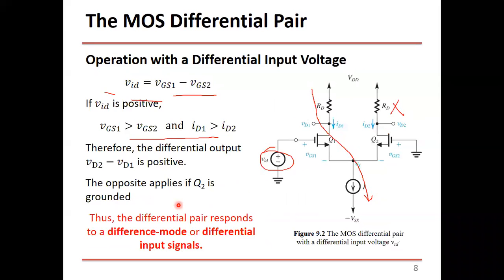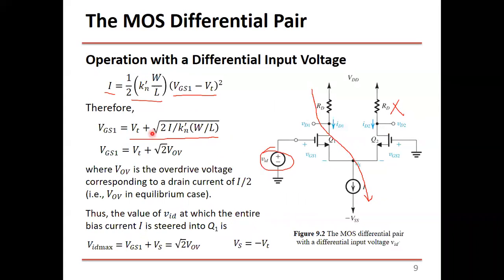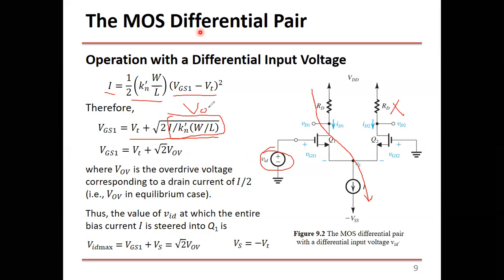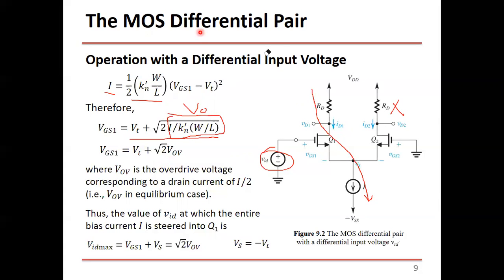So if you go back here, we can see that this is nothing but square root of 2 times V over drive, because V over drive is this part here without the square root of 2. But again, sorry, this is not the V over drive in this situation.